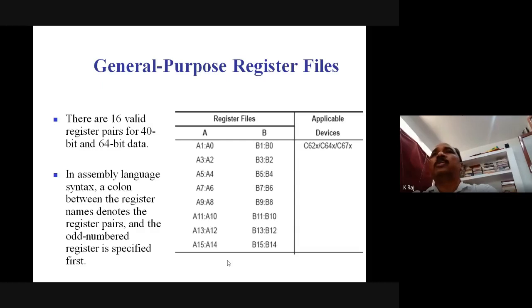Now the general purpose registers: there are 16 valid register pairs for the 40-bit and the 64-bit. For the A register, the A0:A1 pair, and B0:B1. Similarly, A2:A3, B2:B3, A4:A5, B4:B5, A6:A7, B6:B7, A8:A9, B8:B9, A10:A11, B10:B11, A12:A13, B12:B13, A14:A15, and similarly B14:B15.